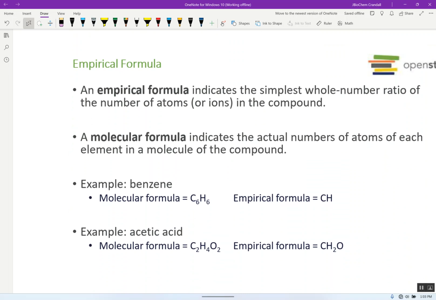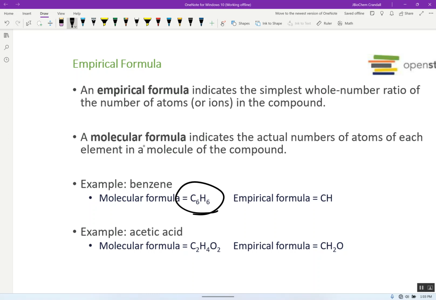We talked a little bit already about an empirical formula. Empirical formula meaning that it's the lowest ratio formula. Okay. Molecular formulas can also have empirical formulas. You would just need to put them into their lowest ratio. So for example, here we have C6H6, like benzene, the molecular formula for benzene.